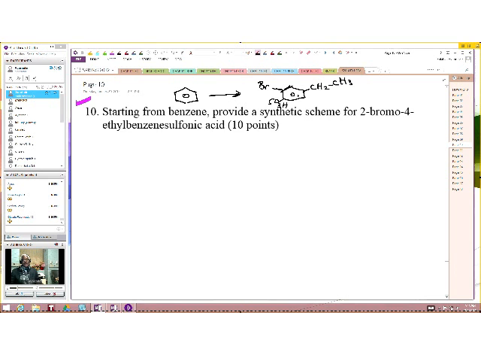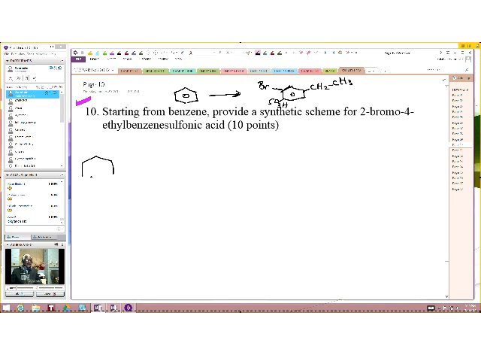So we need to do something here. And then, of course, we have the sulfonic acid group. So how do you want to approach this? Keeping in mind that you need to have a meta relationship between the bromine and this ethyl group, both of which are ortho-para directors. So how do we start?